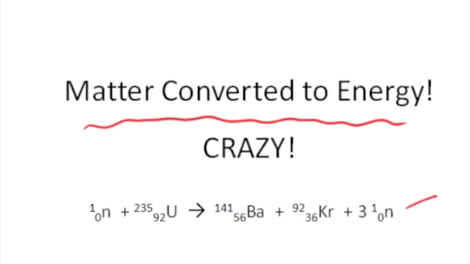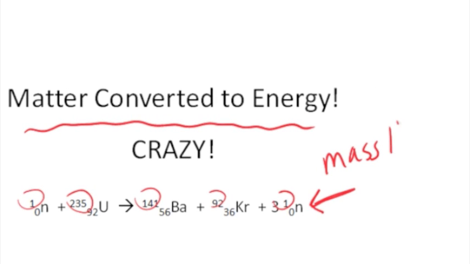Now if you look at this fission reaction that we've studied already, you can see by adding up the mass numbers on the reactant side is equal to the mass numbers on the product side. So mass number is conserved, and also nuclear charge across the bottom. The left-hand side is equal to the right-hand side.